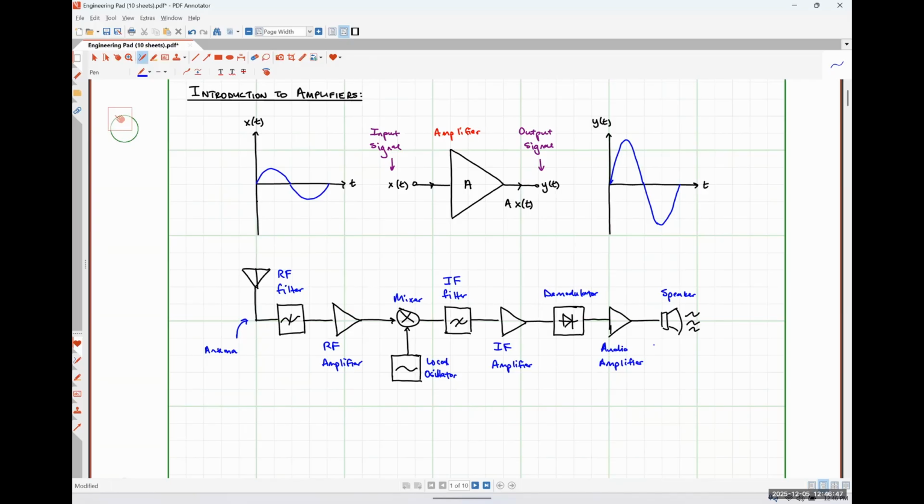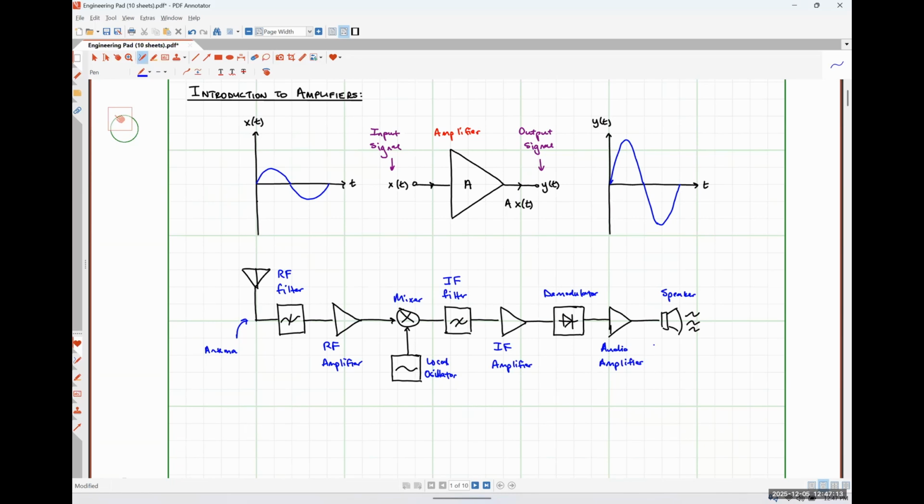The ultimate goal is to take that signal, whether it's Enter Sandman by Metallica or some classical piece, and convert that electrical signal into an audio signal, which means we have to physically move the cone of a speaker. So that's what amplifiers are doing in this system.